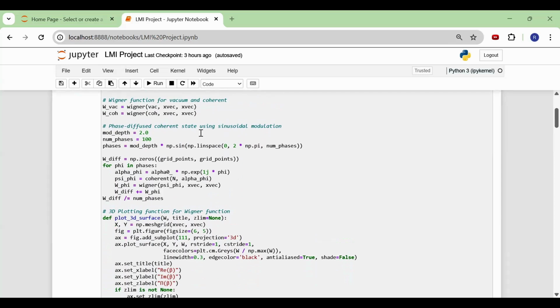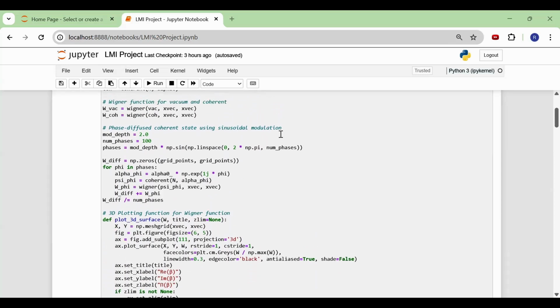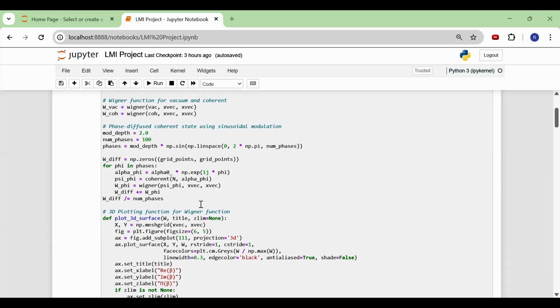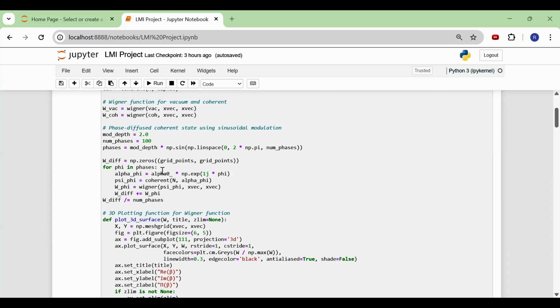For the phase diffused coherent state, I need a phase modulation, and in the paper it is mentioned that the phase is harmonically diffused.